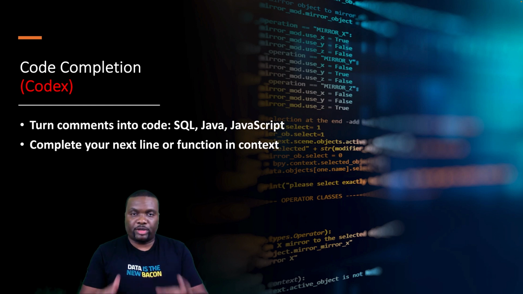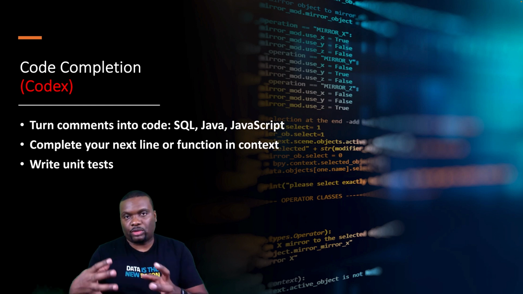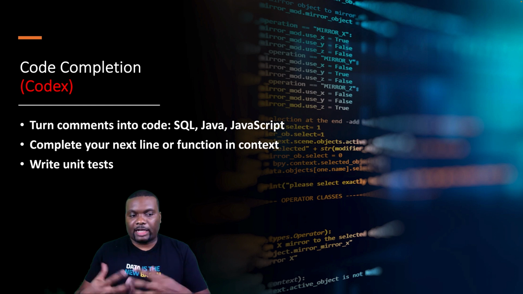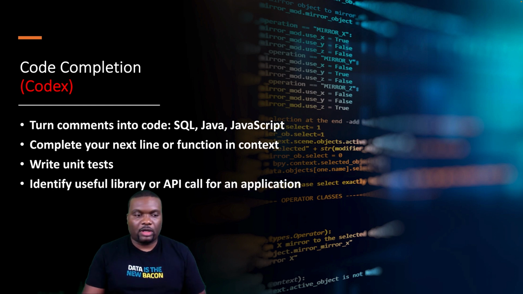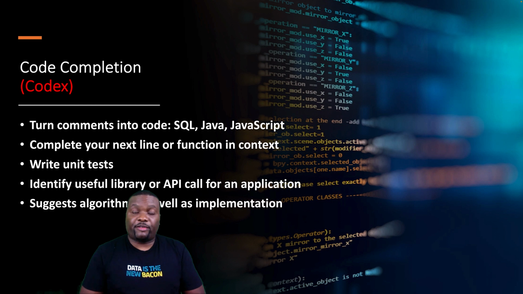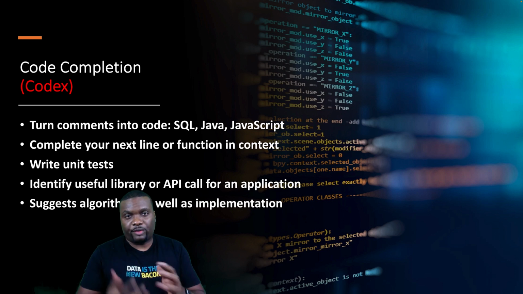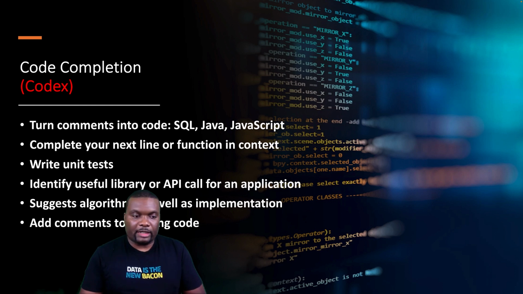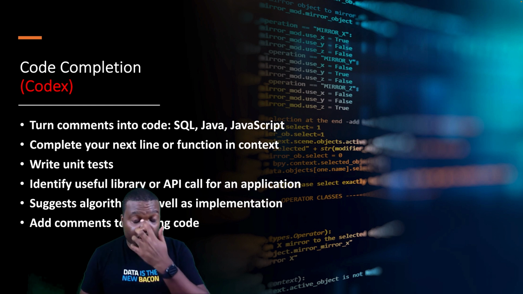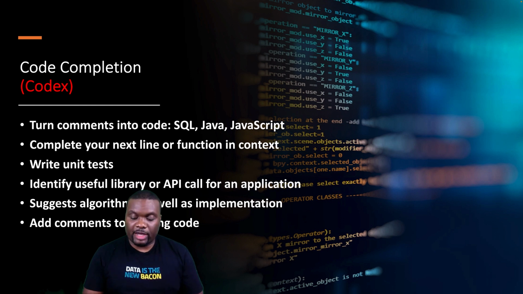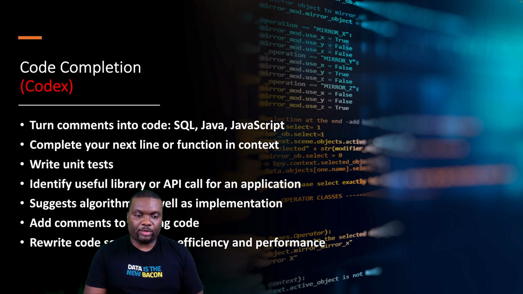You may also present it with code, and it will be able to analyze what the code is about and then give you feedback, improve the code, write unit tests, identify libraries that you can bring into a particular program to solve the specific task, help you figure out which algorithm to use, and you can also add documentation or modify existing code. That is what this particular feature and set of APIs is able to help you do.